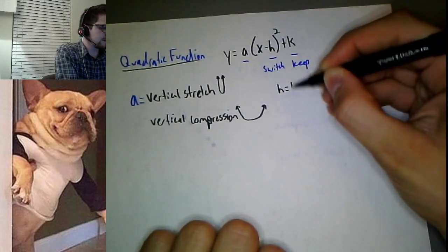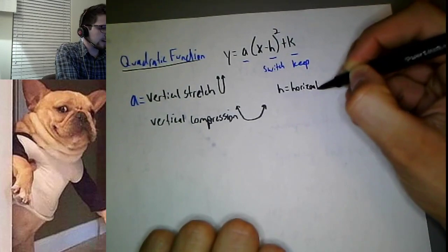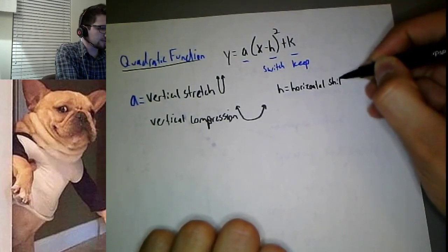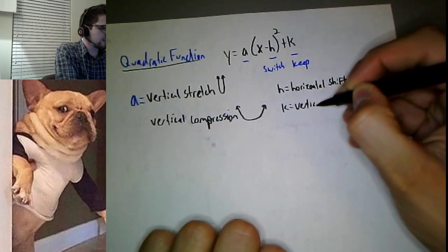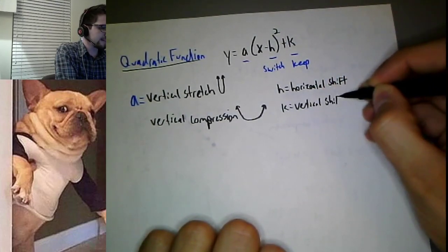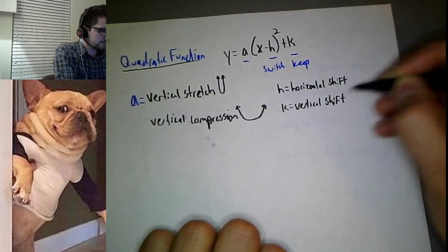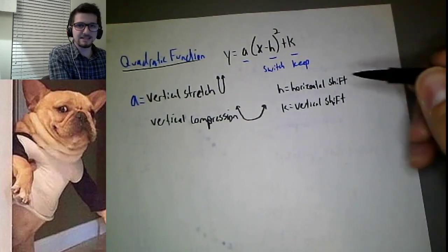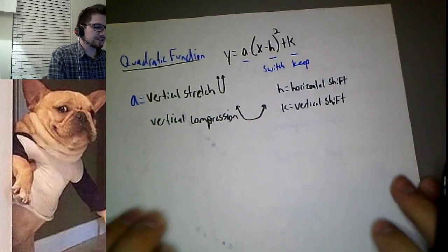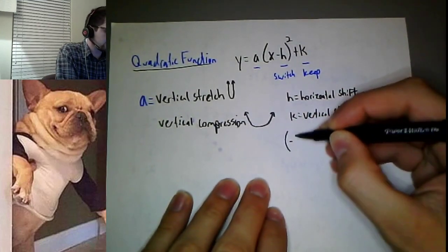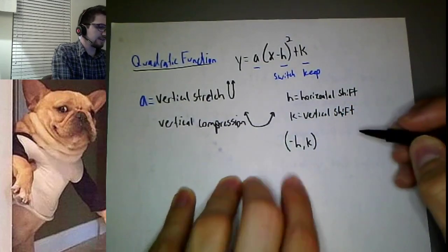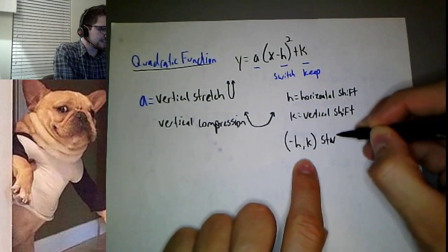H tells us our horizontal shifts, whether we're going left or right, and our k gives us our vertical shifts, just like inside the linear equations. H and k together, which I'm going to call this point, is our starting point on the t-table.